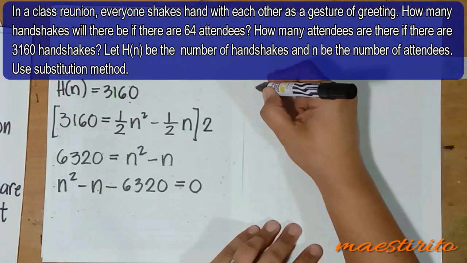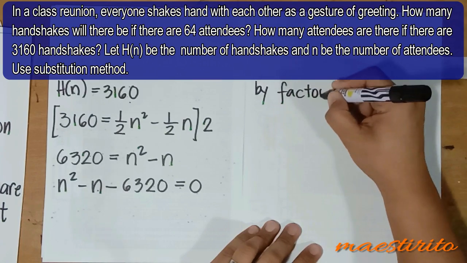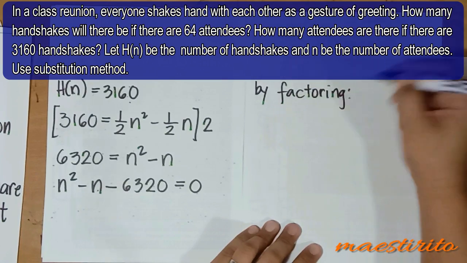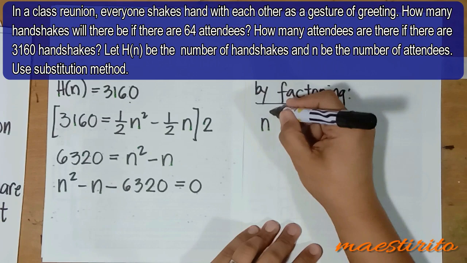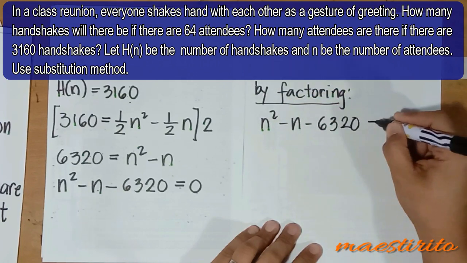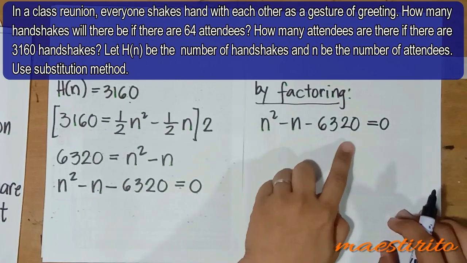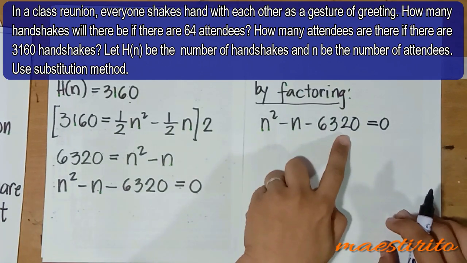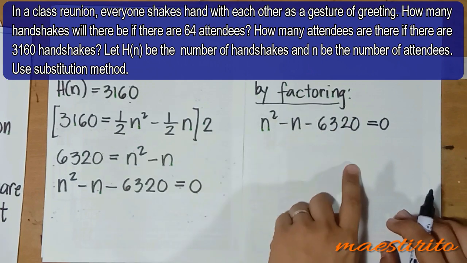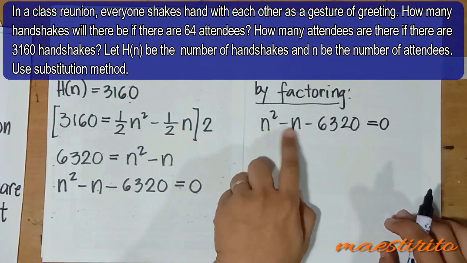So by factoring, this will be n squared minus n minus 6,320 equals 0. In terms of factoring, you have to concentrate on the last term, which is negative 6,320. Find factors for this: if you multiply, you will get negative 6,320, but if you add those two factors, you will get -1.